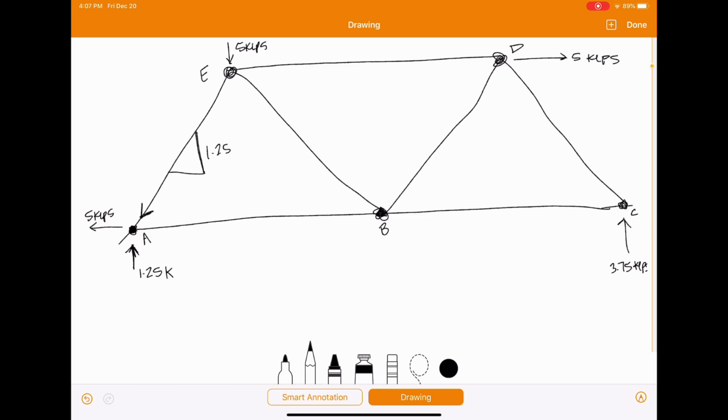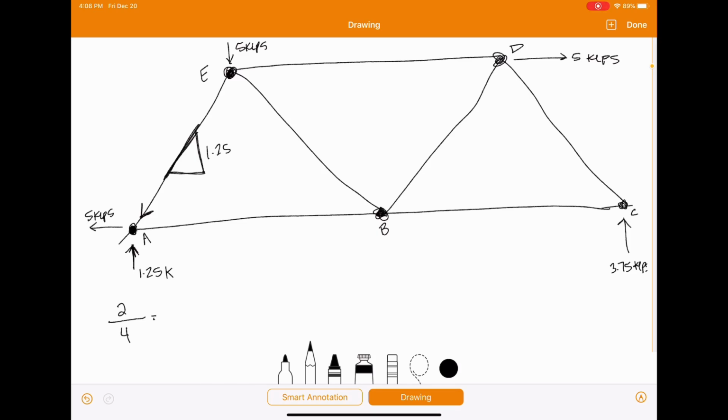Then we can use our proportions of the slope of this member right there to find our horizontal component of that. So from this node to this node, there's a horizontal distance of 2 feet. And from this node to this node, there is a vertical distance of 4 feet.